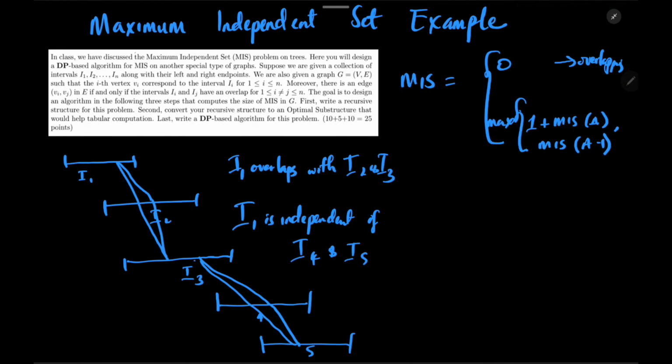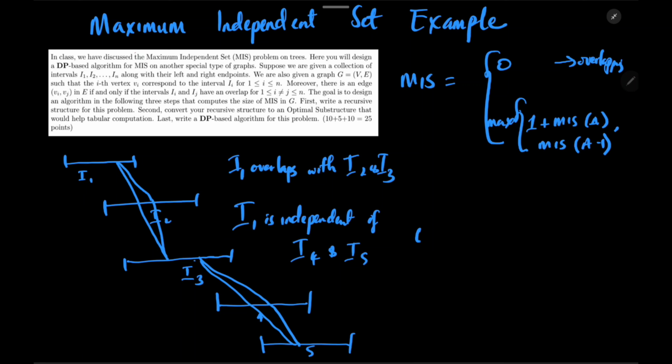Let me say that again. If we select an interval I, then we will skip all overlapping intervals of I. But if we do not select interval I, then we are going to include all intervals that overlap with I. It's sort of like saying everything that I said in the recursive structure, but in another way.